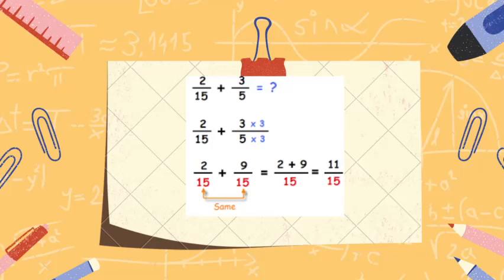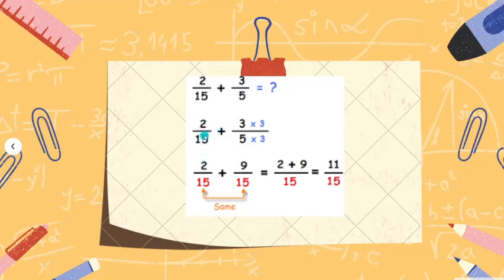If we multiply 5 by 3, it will be the same as 15, right? So multiply the fraction by 3, and we will get 9 over 15.